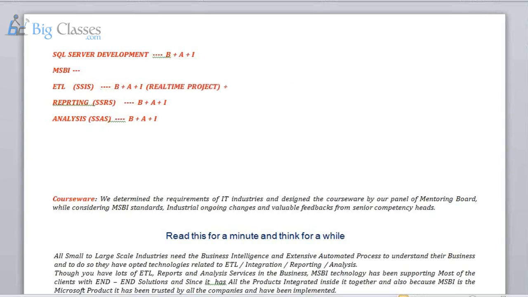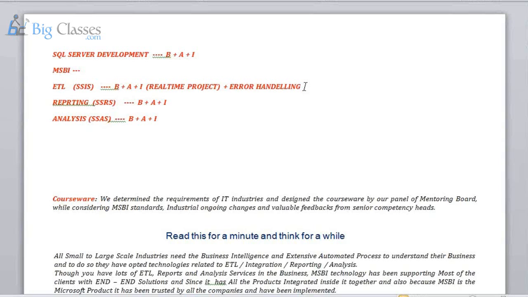With that, we will also have a real-time error handling framework. Most of the companies have implemented this framework, or you might see a similar framework to what you see in our training pattern. And yes, the real-time project is always very, very helpful in order to survive.